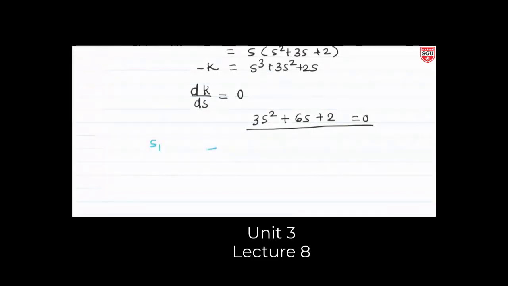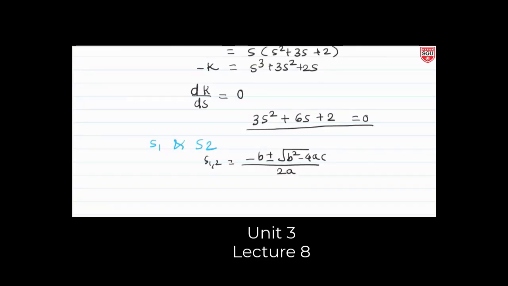The formula you know already: minus b plus minus under root b square minus 4ac divided by 2a. Correct, no? S1 and S2. This is the formula. So here, what will be the b?